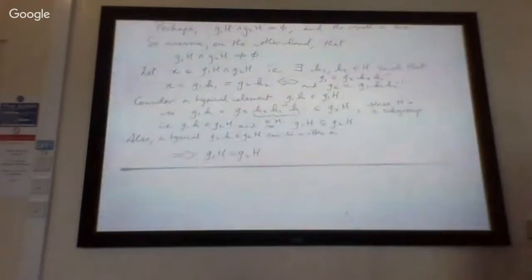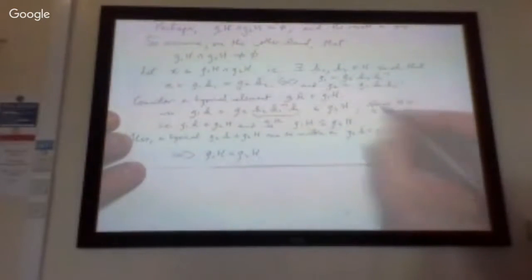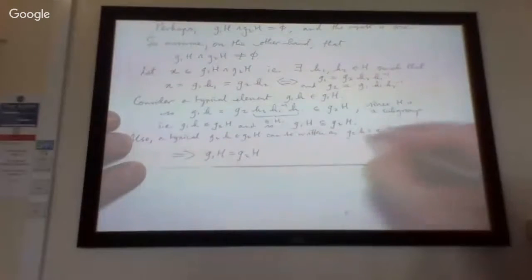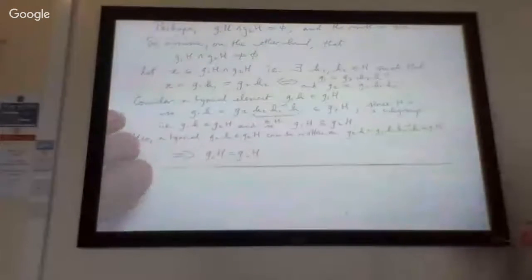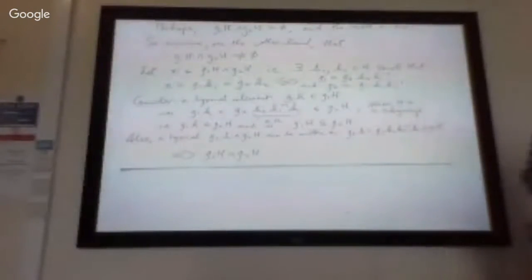So a typical element G2H can be written as G1H1H2 inverse times this H, whatever that is, and that is an element of G1H. Okay, we've made the point because H is a subgroup, we don't have to repeat that here. So i.e.